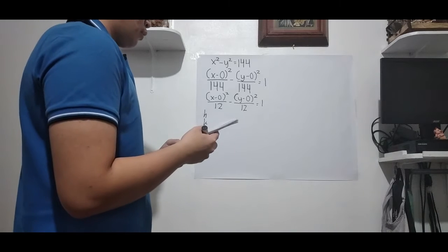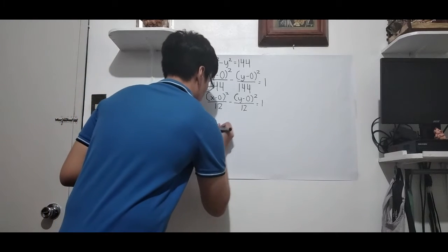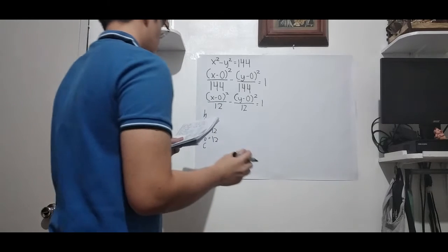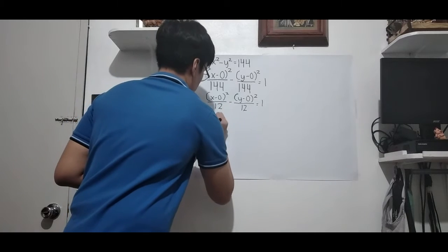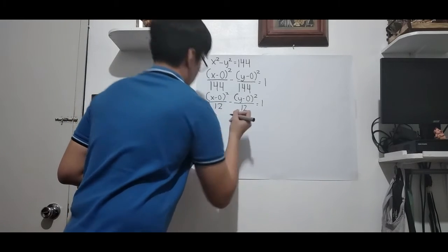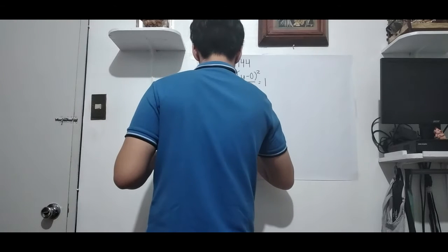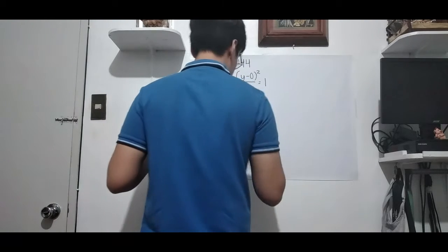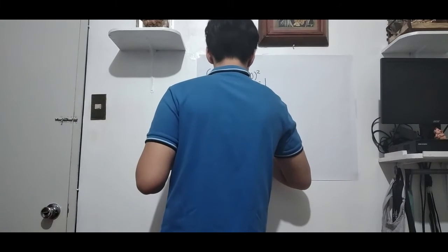So a would automatically equal 12, b is equal to 12, h and k would equal 0, 0. Then a squared is equal to 144, same with b squared, so 144.